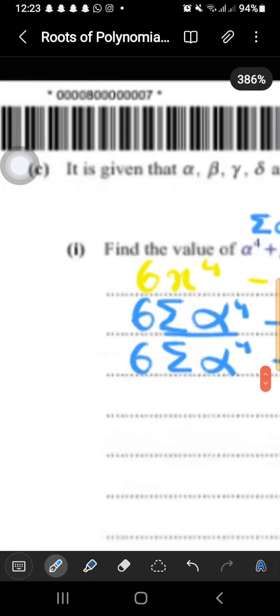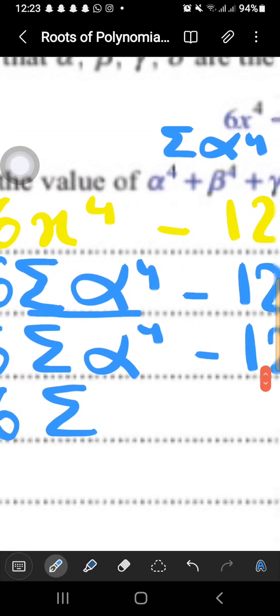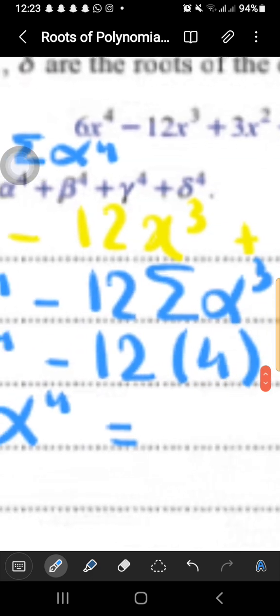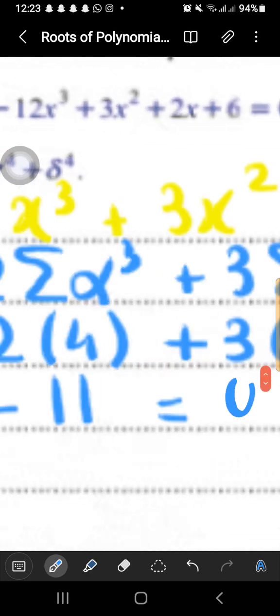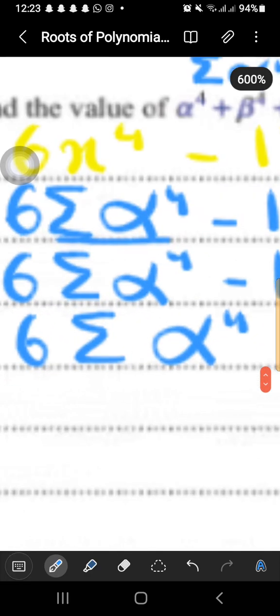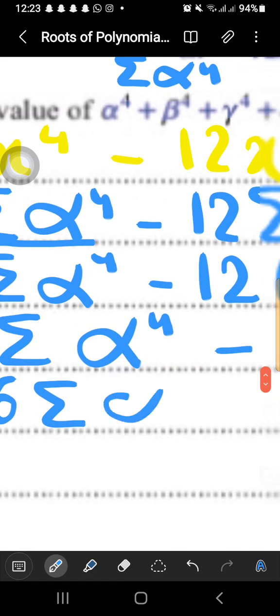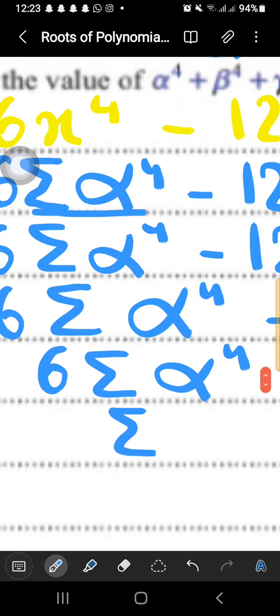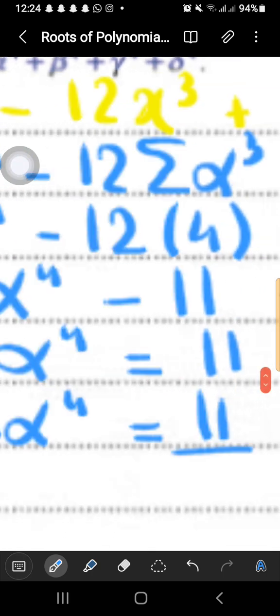So 6 summation alpha power 4 minus 11 is equal to 0, so 6 summation alpha power 4 is equal to 11, and in the end we have summation alpha power 4 as 11 divided by 6. That's our solution.